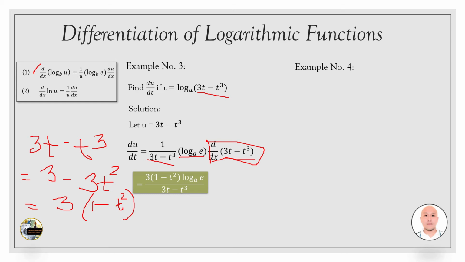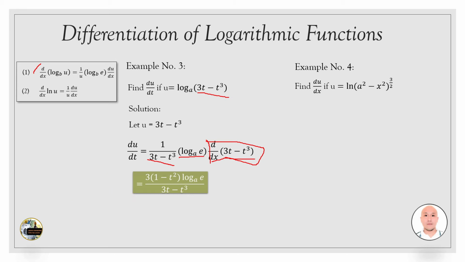Example number 4: find du over dx if u equals ln (a squared minus x squared) raised to 3 over 2. Our problem is in ln form, so we'll use formula number 2. Our u here is (a squared minus x squared) raised to 3 over 2.